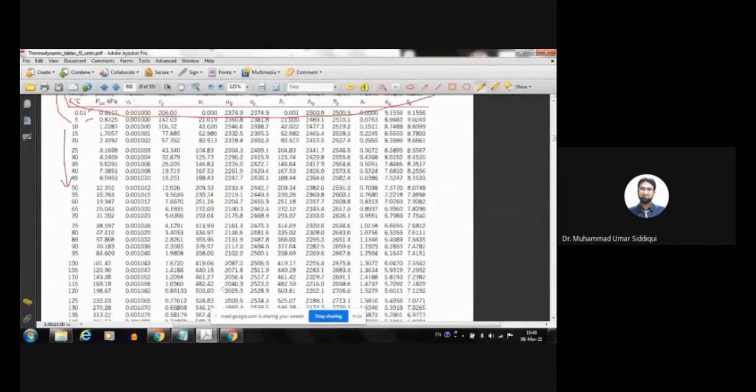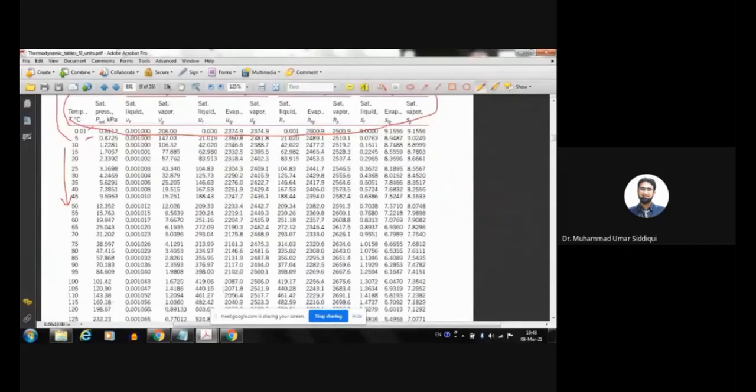So this is the saturated water temperature table, and this is 100 degrees centigrade. Now we are going to take the UF value. So this is the UF value, 419.06, and this UF value could be considered as an approximate value for this problem.